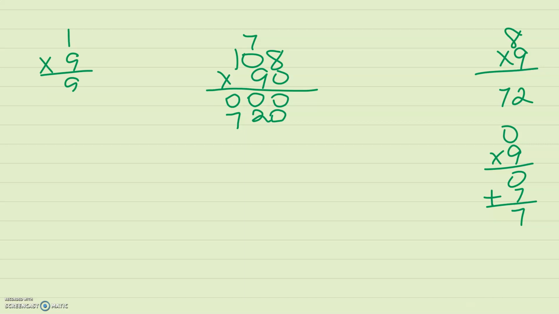We did not regroup anything, so we write down our 9. And then we add up these two partial factors, but really there's nothing to add because our top partial product was just zeros. So that means our answer is 9,720.